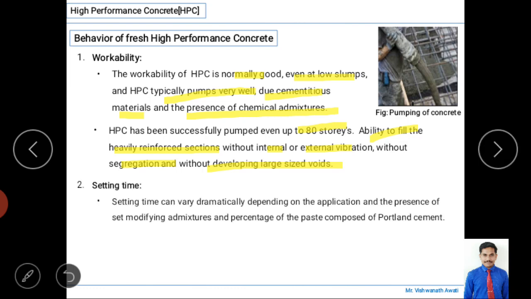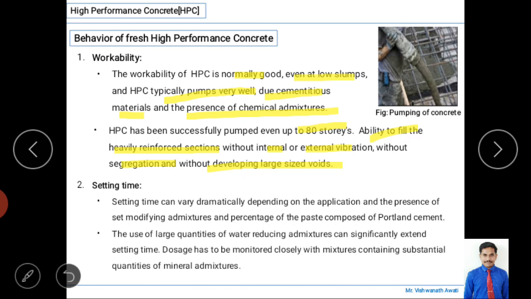Next, setting time. Setting time can vary dramatically depending on the application, the presence of setting-modifying admixtures, and the percentage of paste composed of Portland cement. So the setting time of fresh concrete mainly depends on the use of chemical admixtures as well as the normal or Portland cement. The use of a large quantity of water-reducing admixtures, like retarders, right?